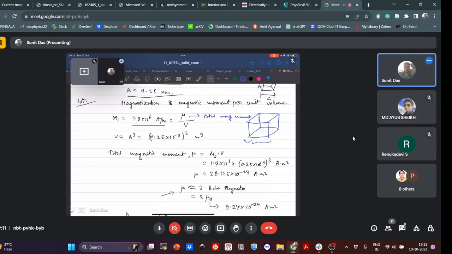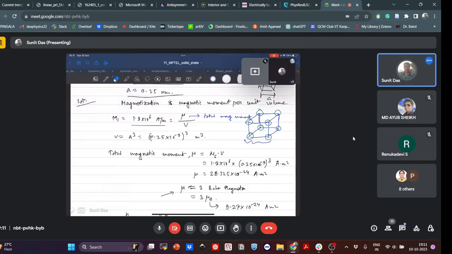For a body centered cubic system, at each corner we have atoms. Atoms are not really like that, they mostly touch each other, but I am not drawing all this because it will be much more congested. This is simple cubic, and at the center there is another atom, right?